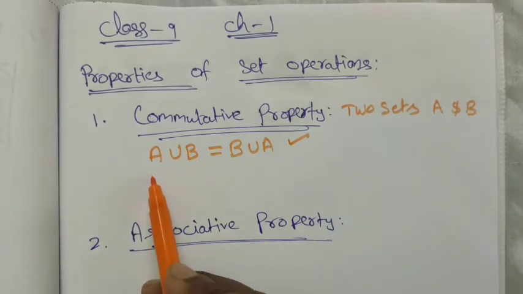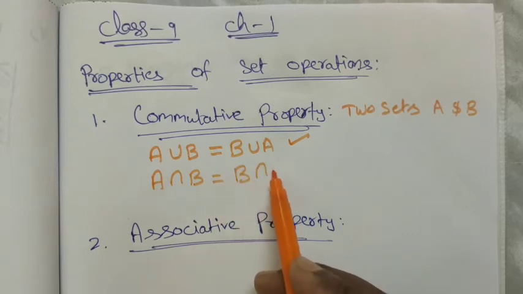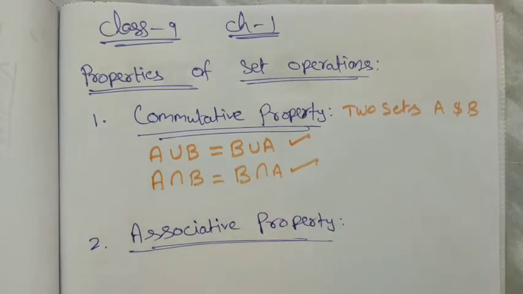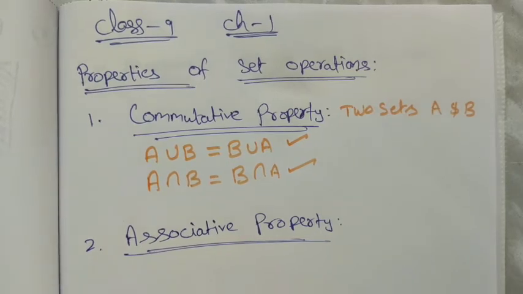Another one is A intersection B equals B intersection A. This commutative property is also true. Both sets are always equal. This is the commutative property.